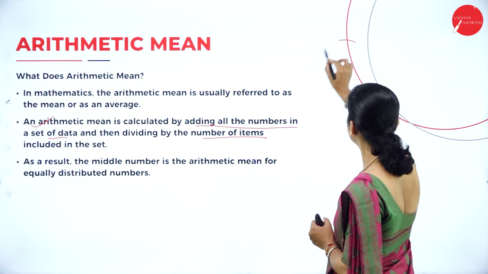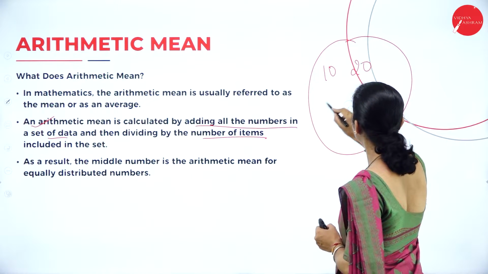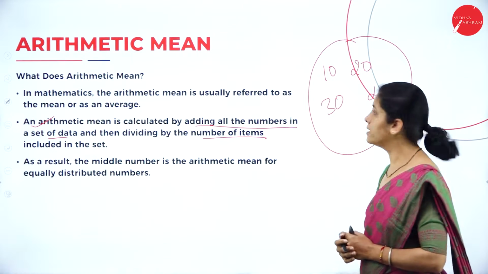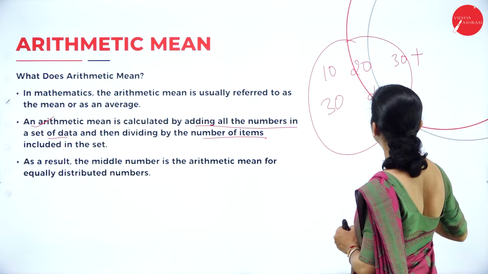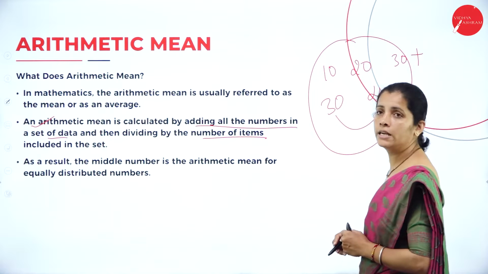Now dear students, think that I have the data set 10, 20, 30 and 40. 10 plus 20 is 30. 30 plus 30 is 60. 60 plus 40 is 100.